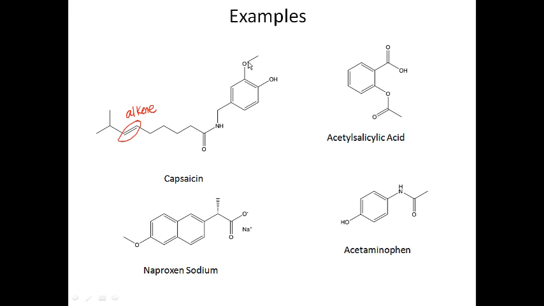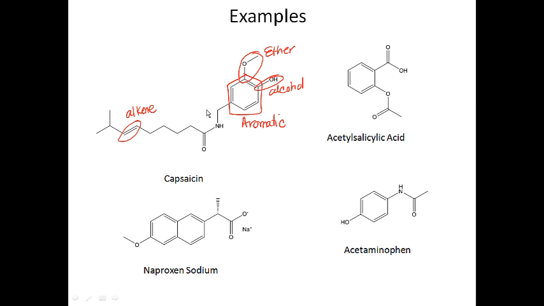I've got this functional group where the oxygen is attached to 2 carbons. That's an ether. What's the OH group that's attached to a carbon called? That's our alcohol. What's this entire ring called? That's a benzene or an aromatic functional group.